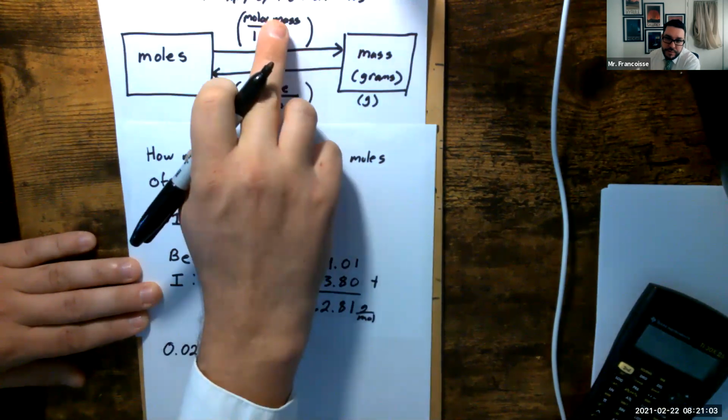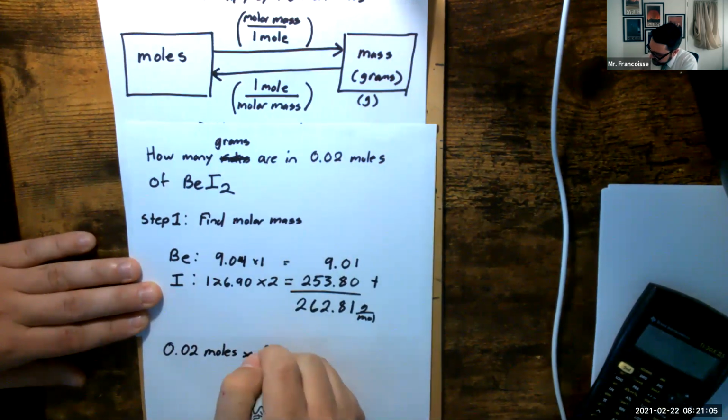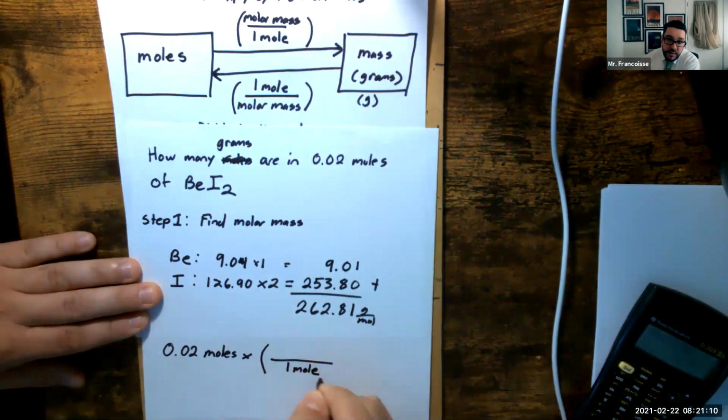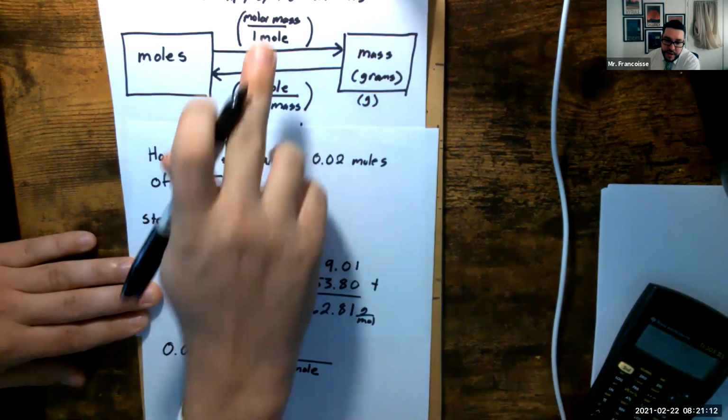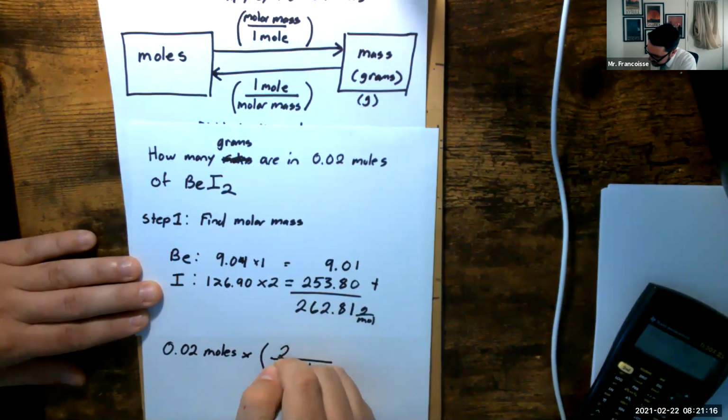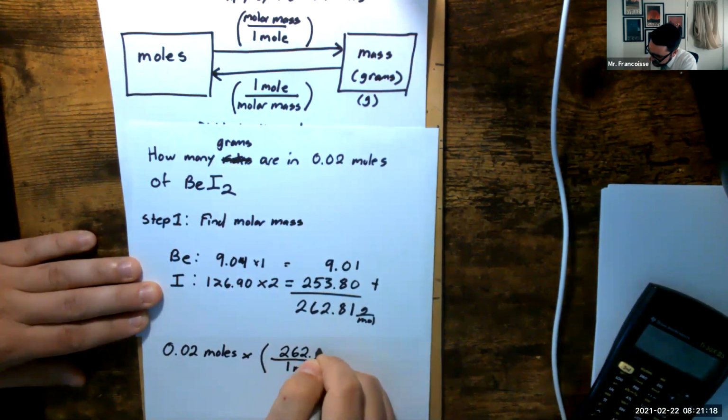So we want the top one. Here we want the molar mass. We found the molar mass. It was this number right here. So it's going to be 262.81 grams.